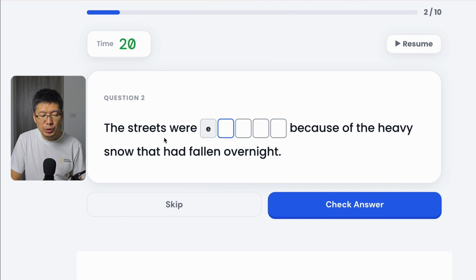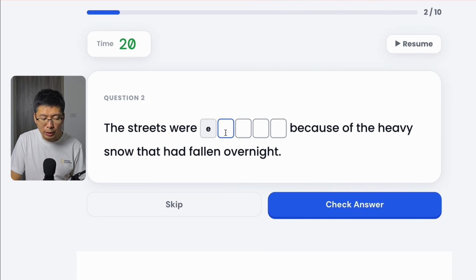The streets were something because of the heavy snow that had fallen overnight. So this sentence is about the streets. The streets were something. So can you think about whether it's a noun or adjective or verb?